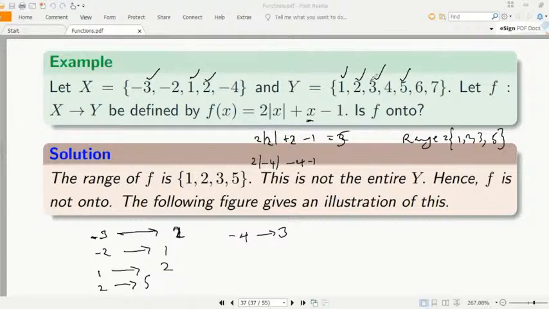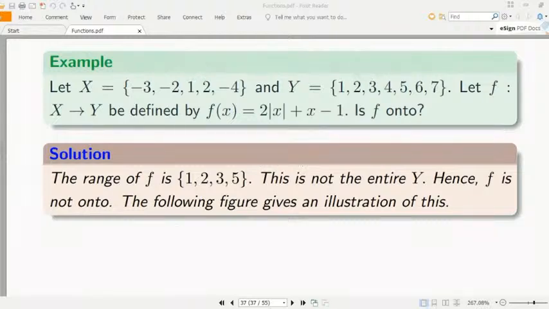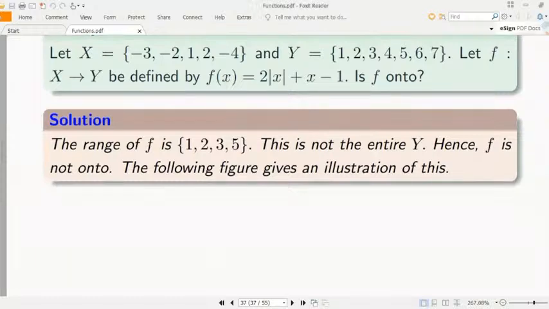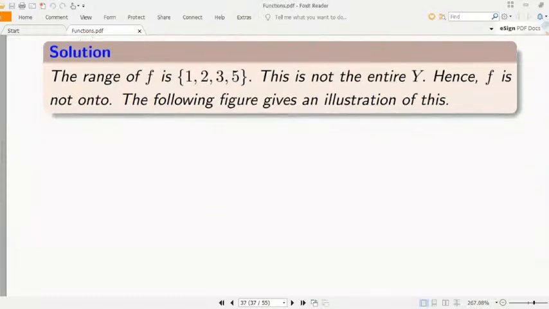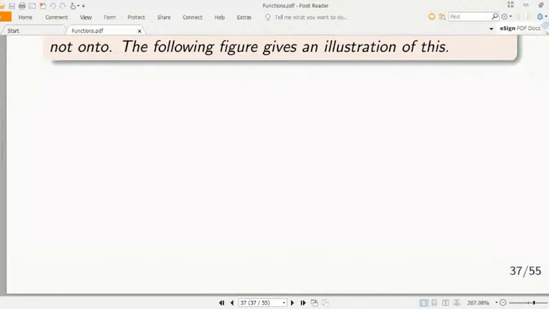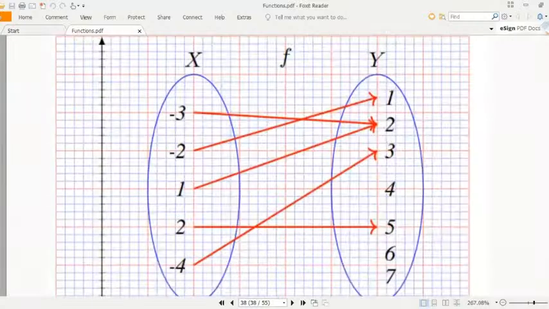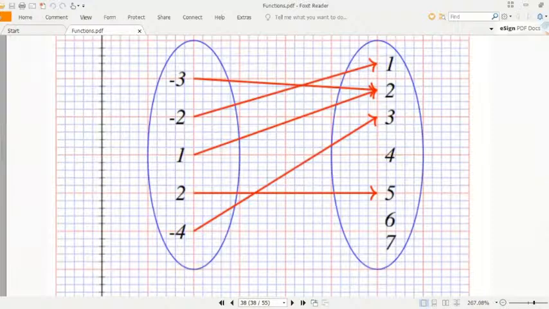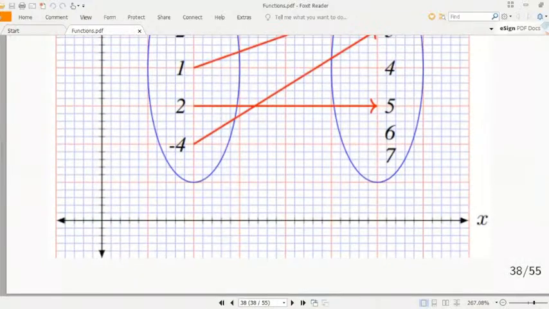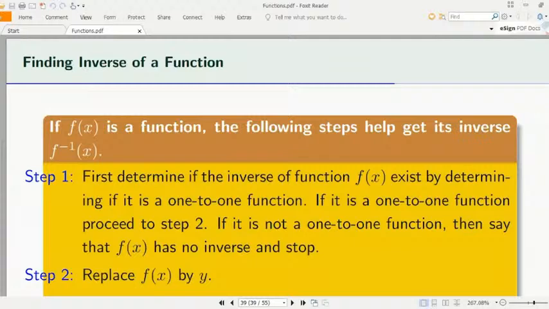I've used a figure here to show you the expression, putting this information in arrow diagrams. This is my arrow diagram. You can look at it later.